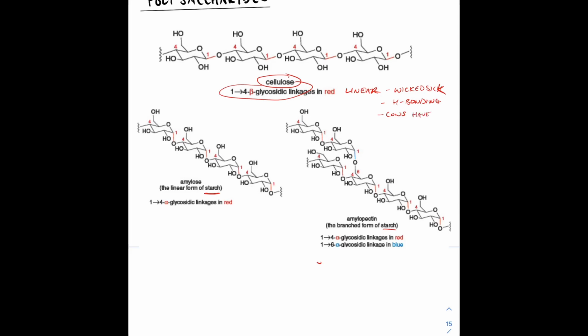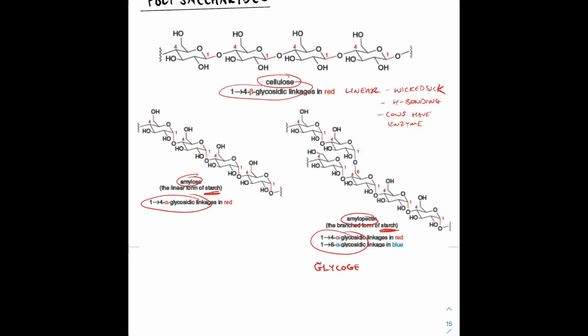Cellulose is a linear chain, and that's because it's connected via a 1,4 beta glycosidic linkage, whereas amylose and amylopectin are connected via a 1,4 alpha glycosidic bond, and amylopectin is highly branched and is also connected via a 1,6 alpha glycosidic bond.